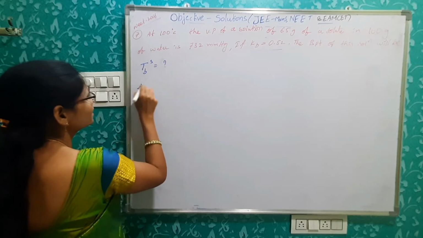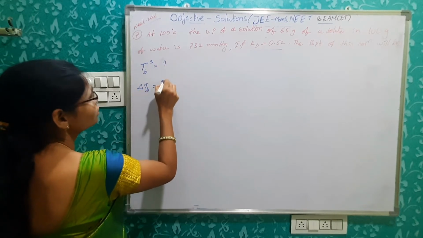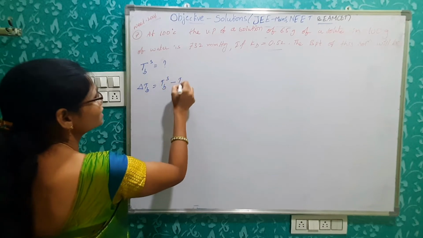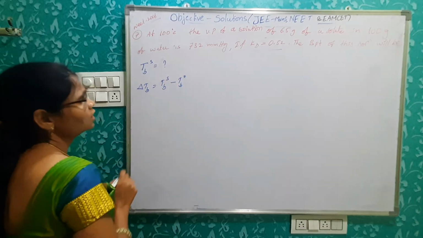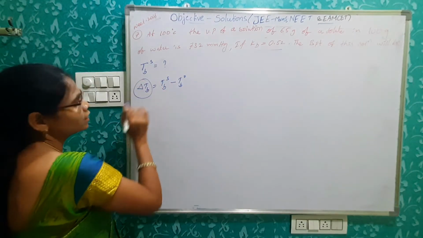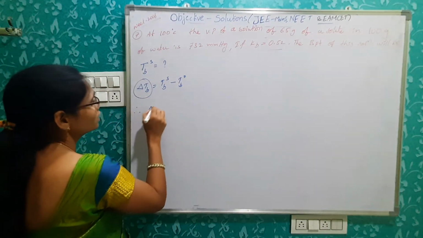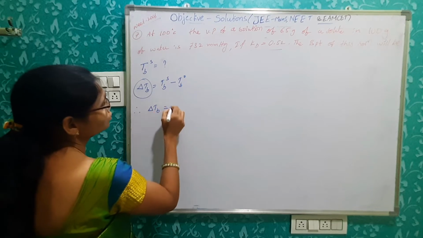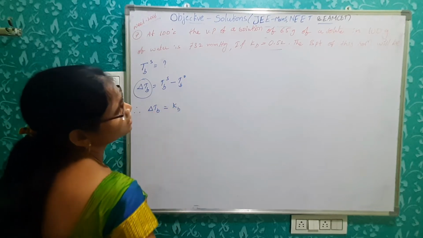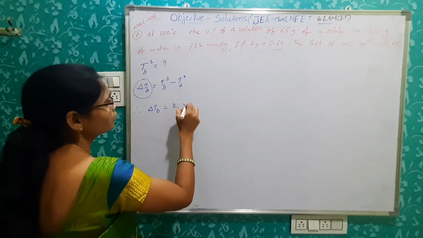For TBS, delta TB is equal to TBS minus TB naught. But we don't know delta TB, elevation in boiling point. For that, delta TB is equal to Kb into molality, which is not given. Write down molality formula.